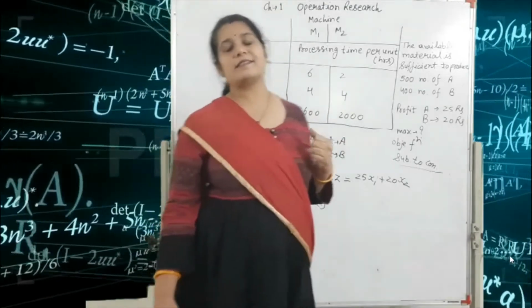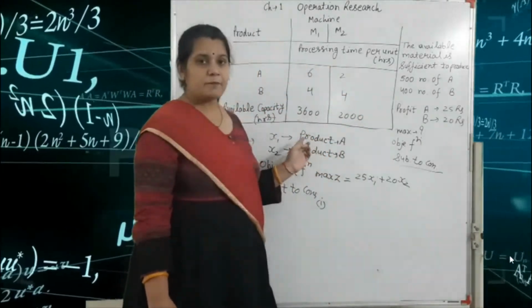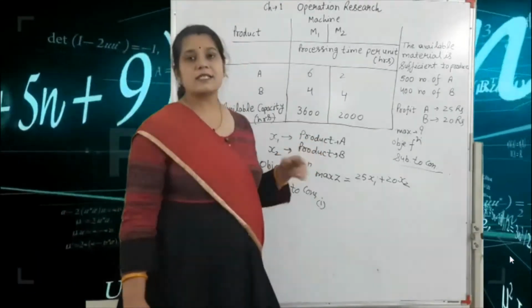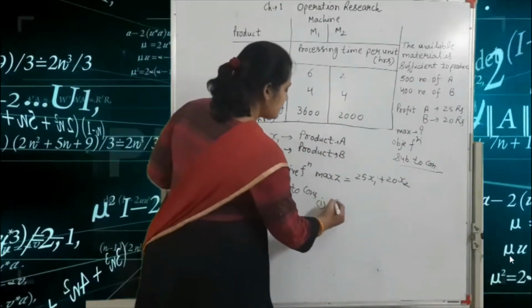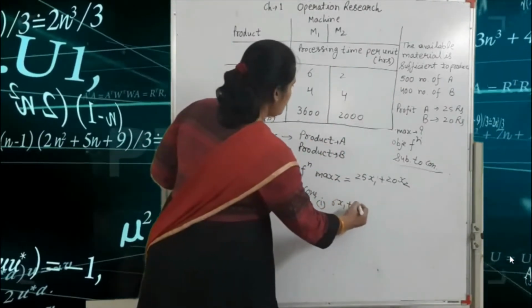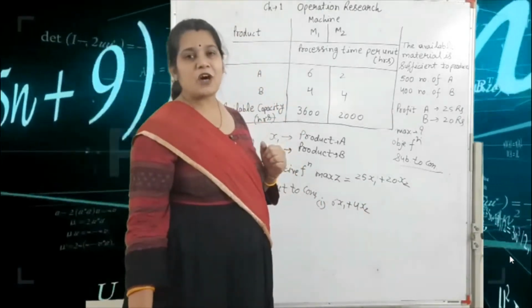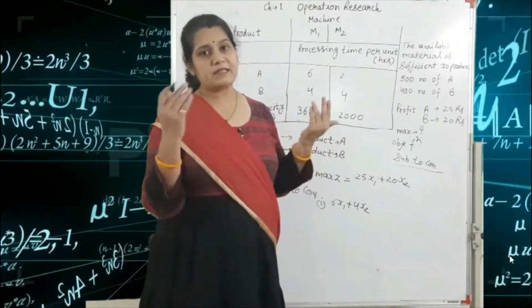Why do we write 6x1 plus 4x2? Because we consider x1 as product A and x2 as product B. Got it? Now, less than or equal to or greater than or equal to: we write the available capacity, that is the maximum value.